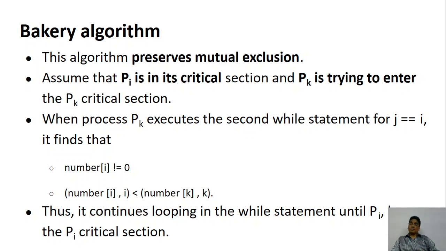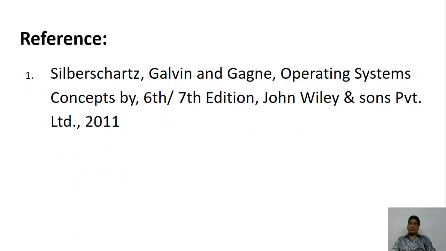It will check whether the ith value is less than the kth value. You know very well, whether the token number. First of all, you must check whether the token number is not equal to 0, and then check who has the least token number. If both of you have the same token number, go and check the processor ID. Whichever has the least processor ID will enter into the critical section.